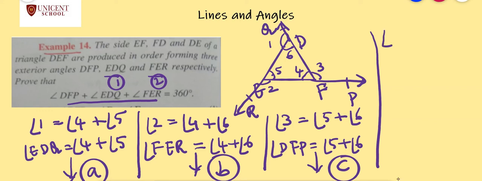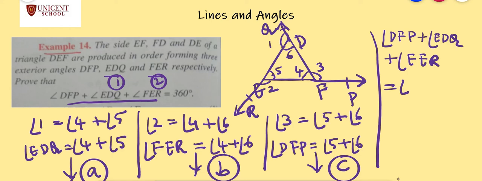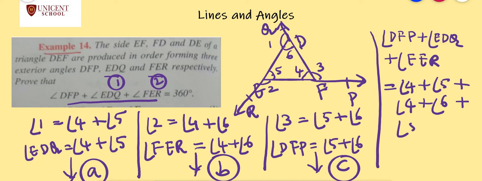My LHS will be angle DFP plus angle EDQ plus angle FER. So this is the LHS according to the question also. And now I'll take my right hand side: angle 4 plus angle 5, plus again angle 4 plus angle 6, plus again angle 5 plus angle 6.